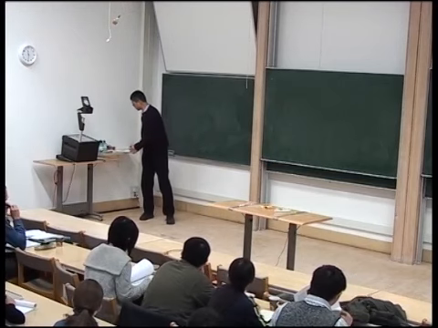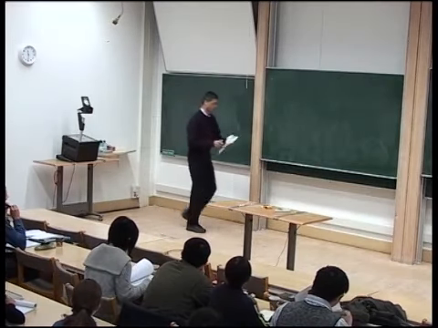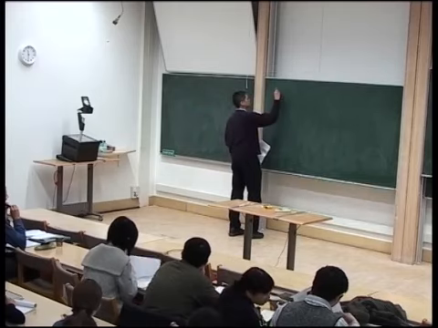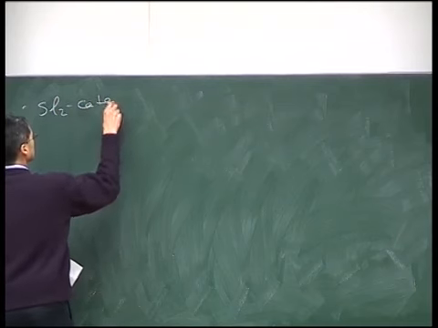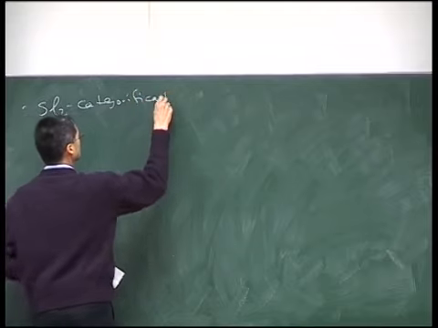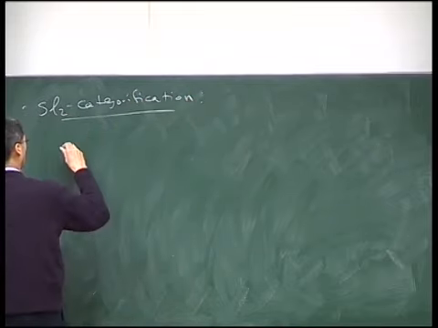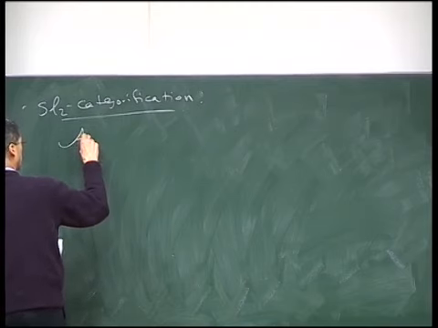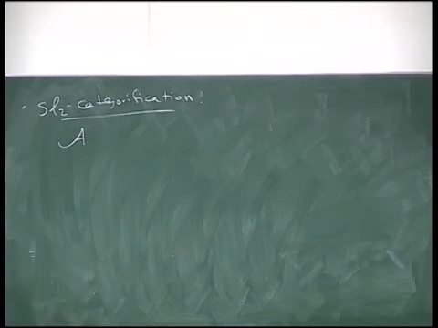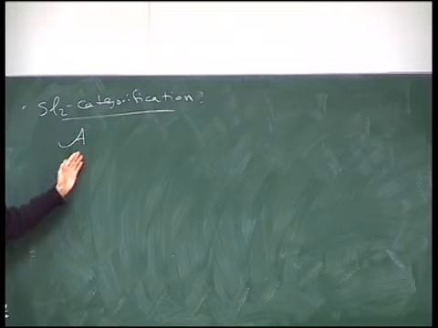Okay, so let me just remind you what an sl2 categorification is. It's an abelian category which is k-linear for some field k, and we make some assumptions on A. For example, it has composition series.